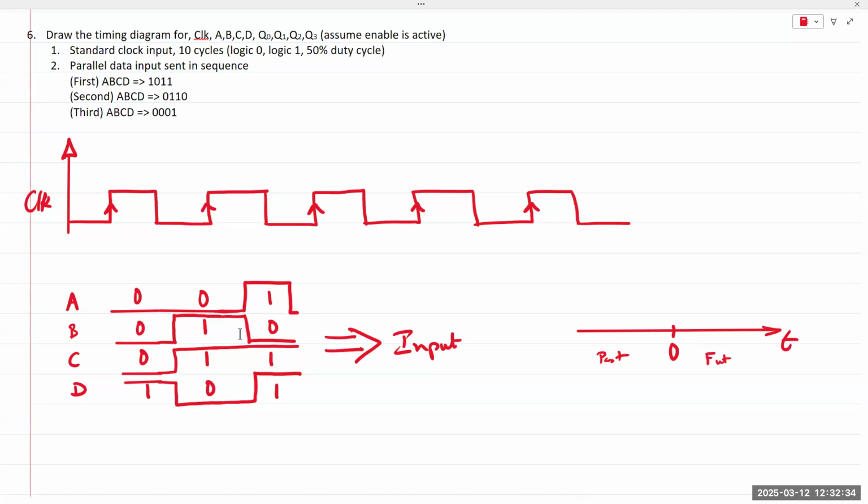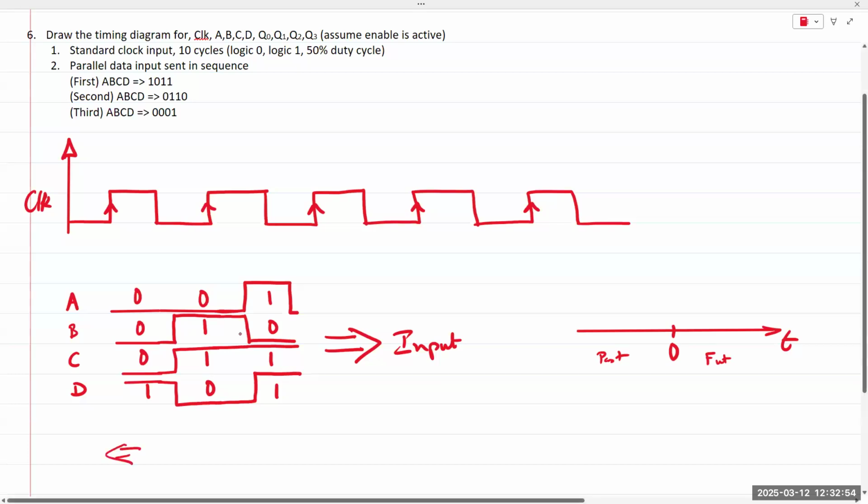So in this case, since I'm going from left to right, I just want to show going from left to right. If I wanted to show going from right to left, we would simply start from the left. If I was going to show input going in this way, then I would flip everything.